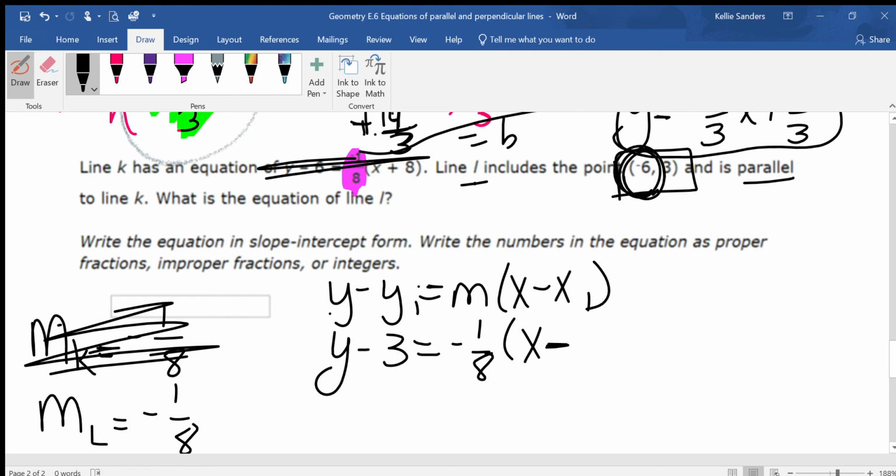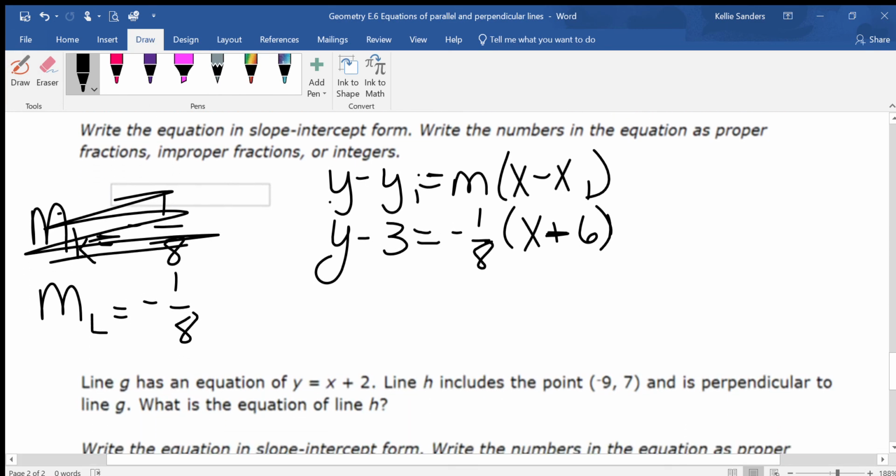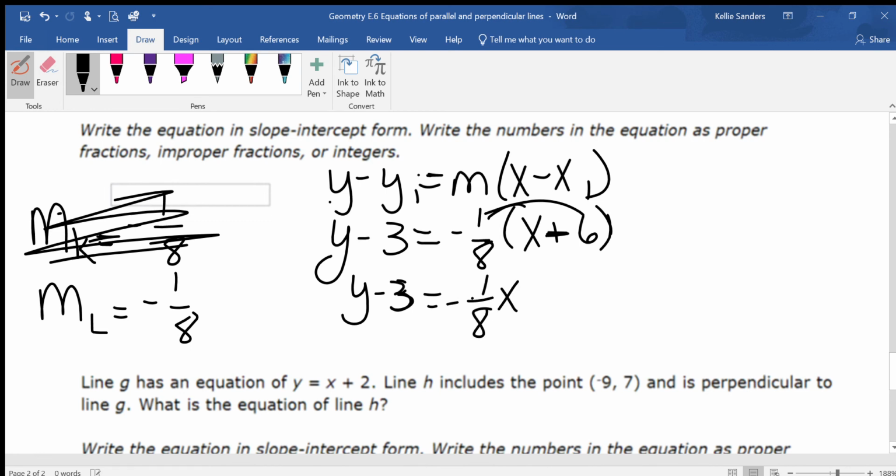And if I put a negative 6 right next to the negative, what happens? Plus 6. y minus 3 equals, distribute the negative 1 over 8. Negative 1 over 8 times x is negative 1 over 8 x. A negative times a positive is a negative, so you don't have to worry about that whenever you're multiplying.